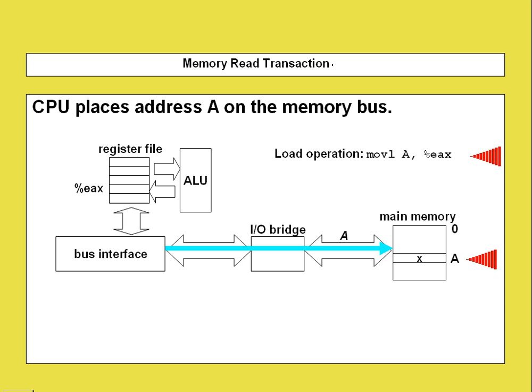EAX is a register name of a typical processor, such as a RISC processor. A is some memory location, that is the RAM location. Movl indicates a data transfer. We have to transfer whatever is available at the memory location A to the register EAX.